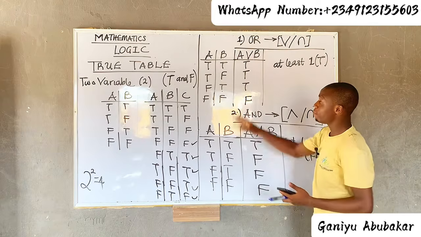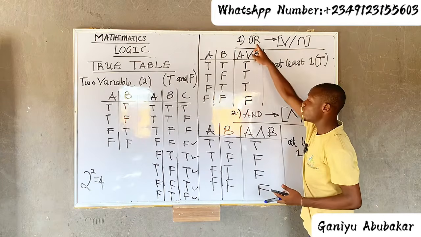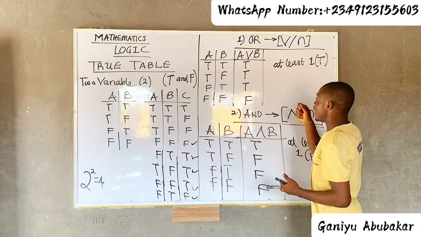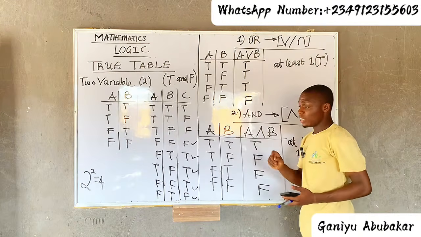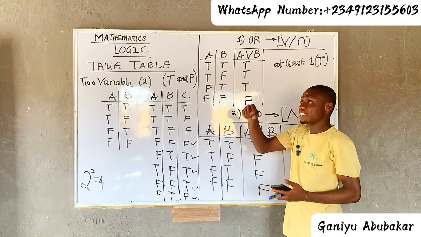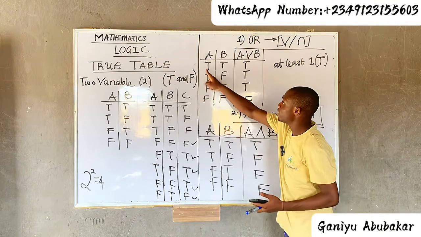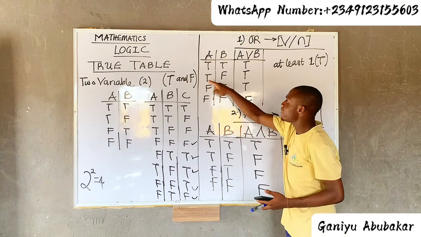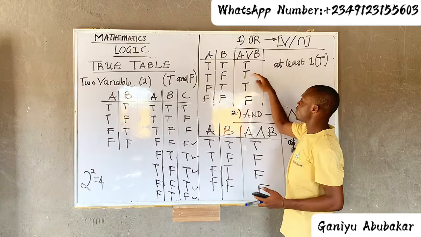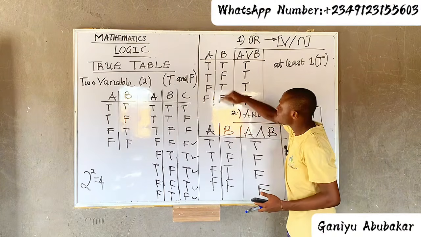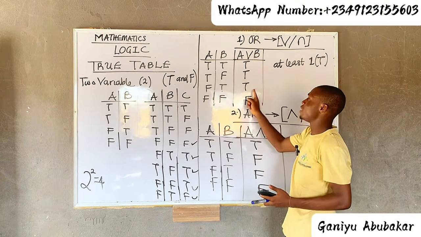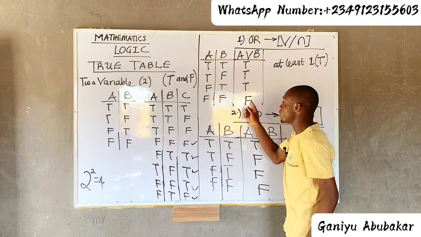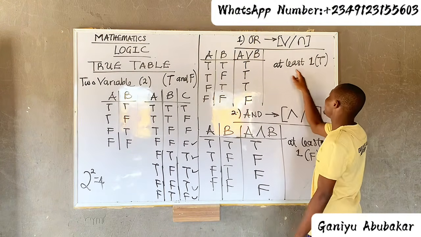I'm saying that for the first connective called or, I'm focusing on at least one T. If I have at least one T in this stuff here, there's a T here. Answer is T. TF, there's T here. So answer is T. FT, there's T here. Answer becomes T. FF, there's no T because what there? An F. So that's why I say at least one T.